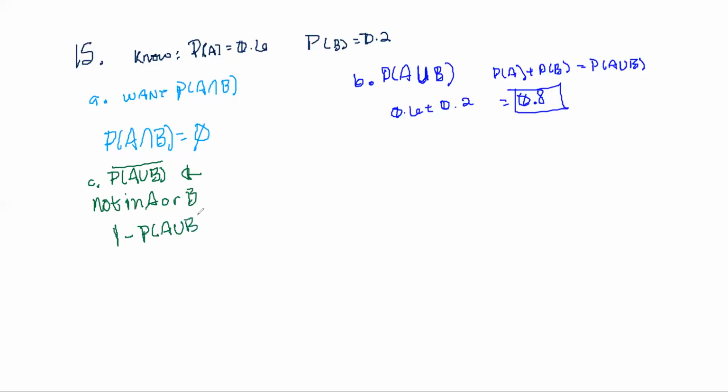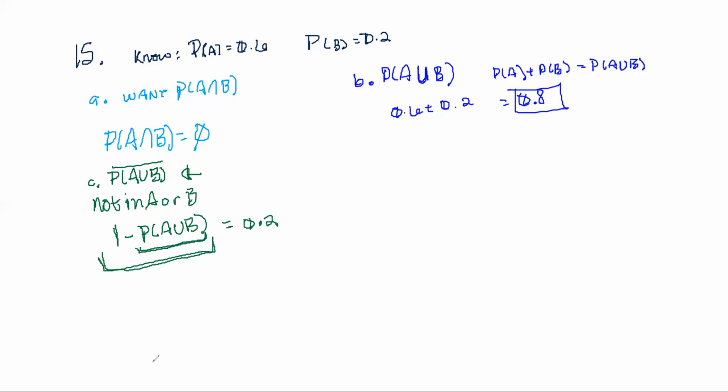So the chance of getting something that's in A or B is this, and the chance of not getting something in A or B is this. So that's going to end up equaling 0.2.